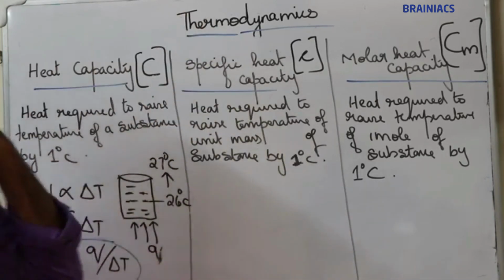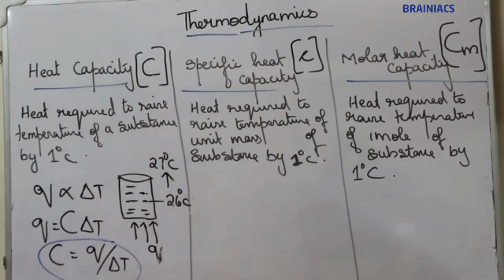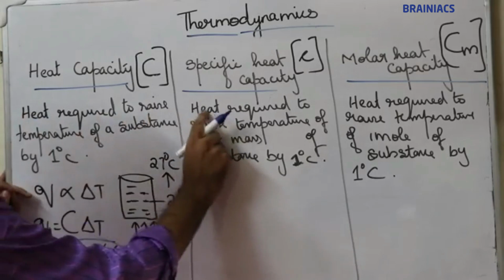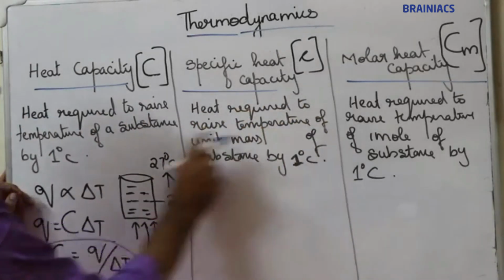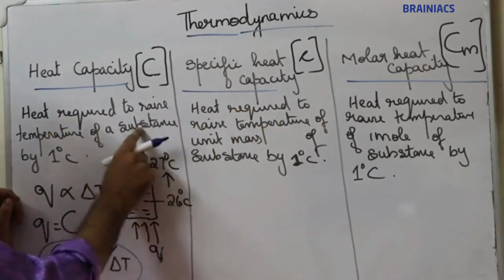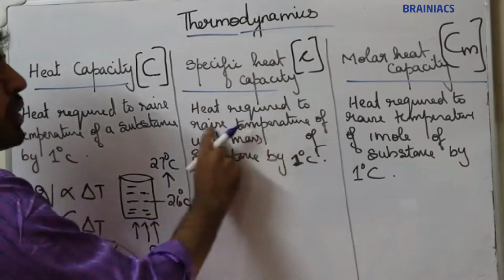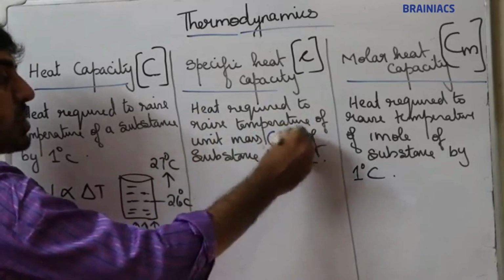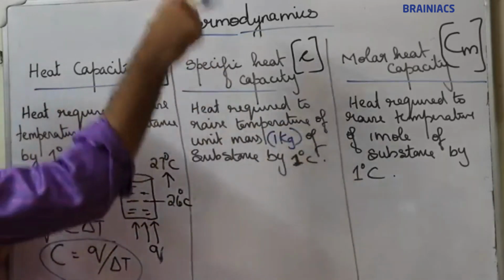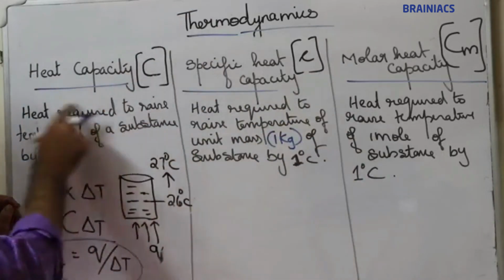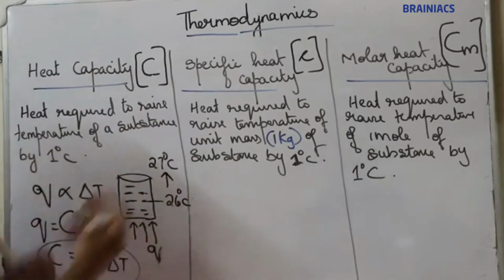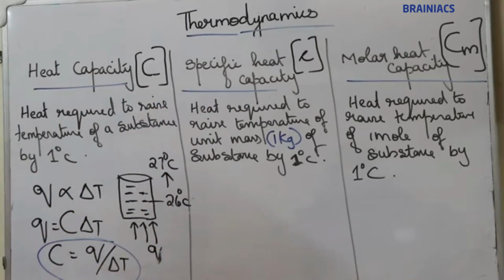Moving on to the second one, that is specific heat capacity. Now what is specific heat capacity? Heat required to raise the temperature of unit mass. Unit mass means 1 kilogram. In heat capacity we are not specifying the weight of the substance; you can consider any weight.